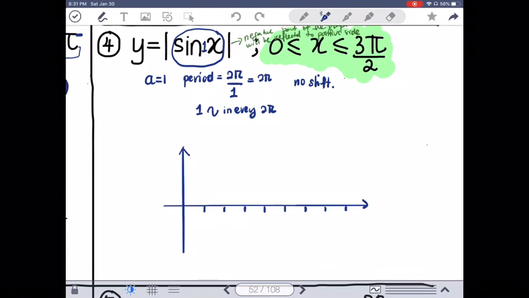Since the amplitude is 1, I will just label 1 and negative 1. And we have, here is 2 pi, here is pi, and this should be 3 pi over 2. This is pi over 2.